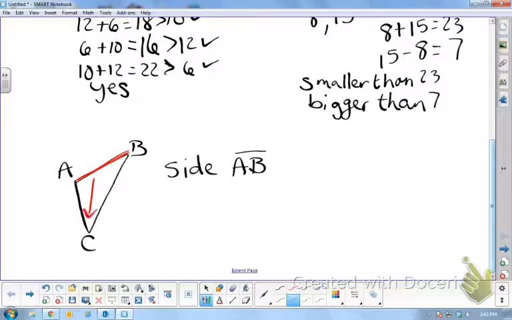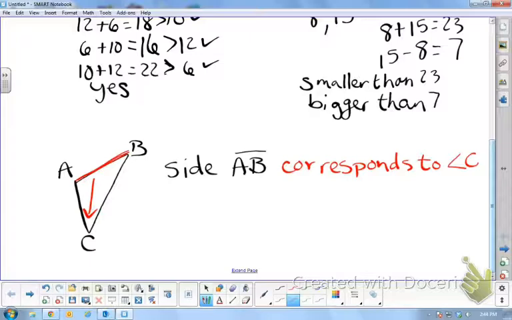It would go with angle C. So if AB were the biggest side, C would be the biggest angle. Or if AB is the smallest side, C would be the smallest angle.